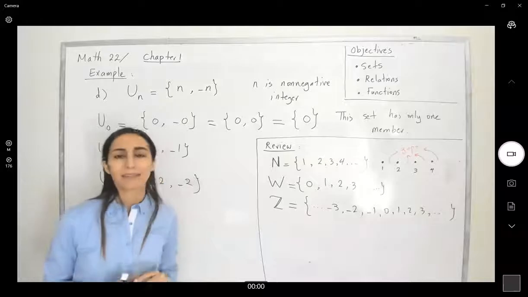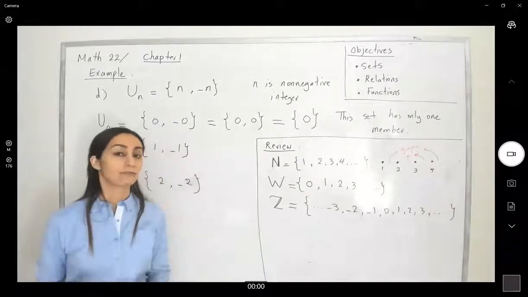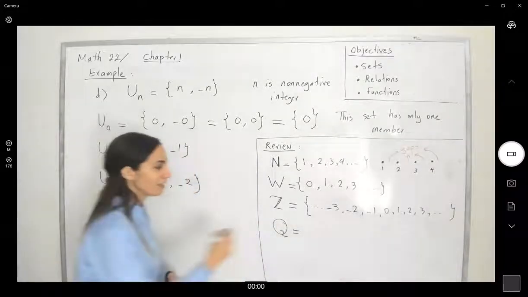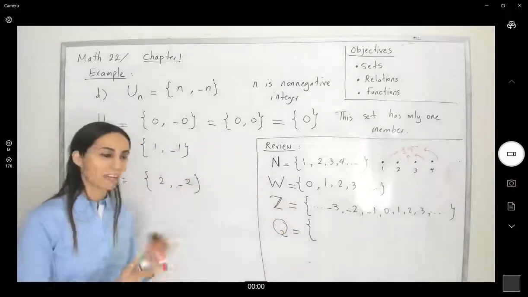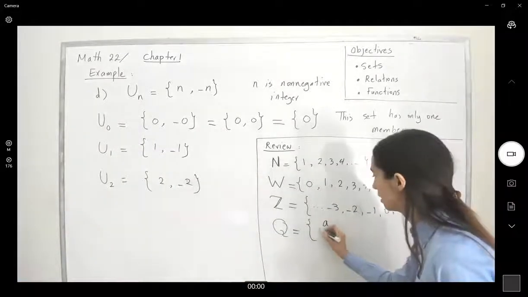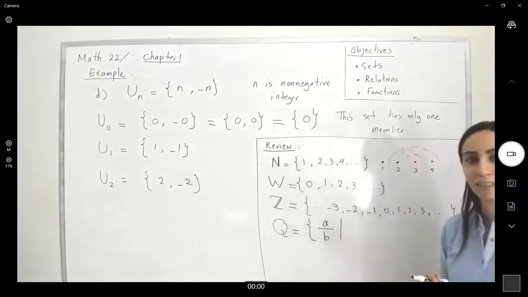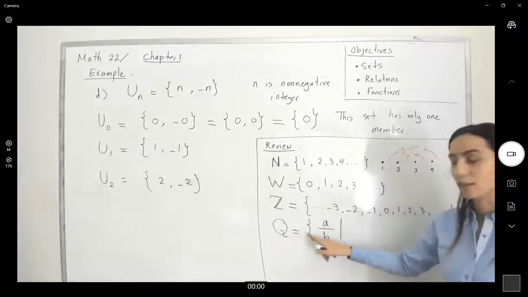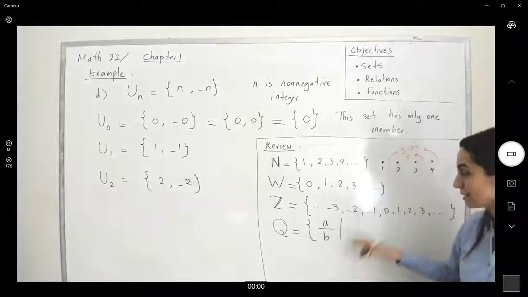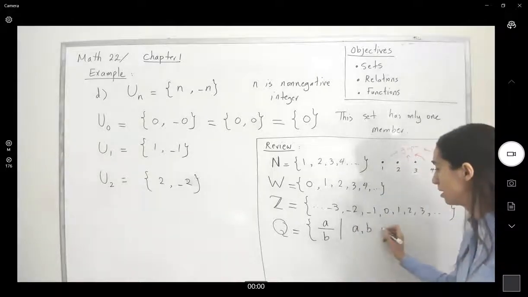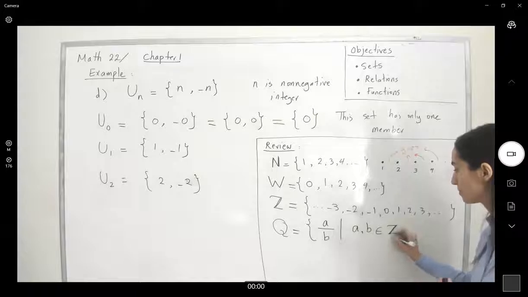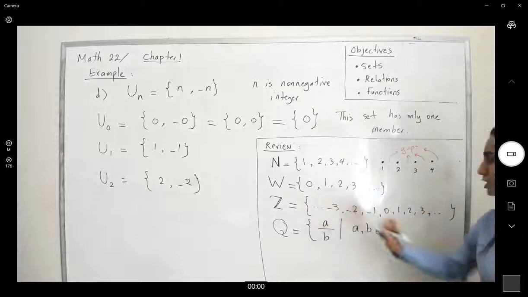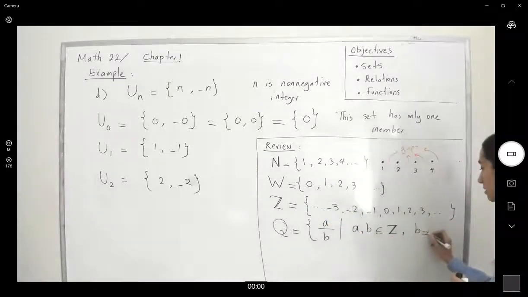We have to expand the system and define a new set that we call rationals, Q. Rationals is the set of all fractions A over B such that A and B both belong to Z, integers, and the denominator is never 0.